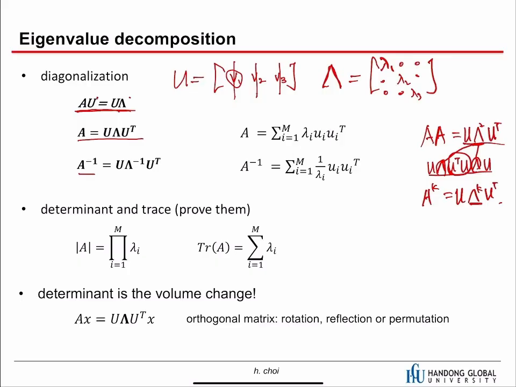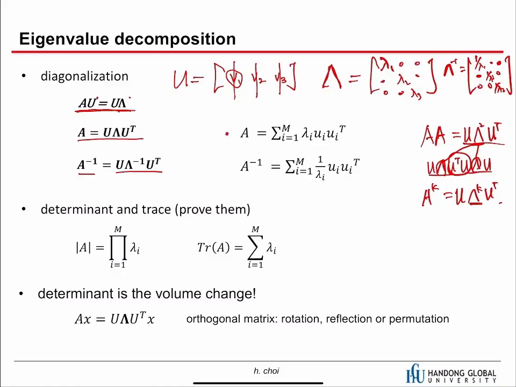We don't have to use the inverse definition. If we already have the eigendecomposition, then this is the inverse of A. Lambda inverse is really simple: 1 over lambda 1, 1 over lambda 2, 1 over lambda 3 on the diagonal and zeros elsewhere. So computationally, it's really cheap.